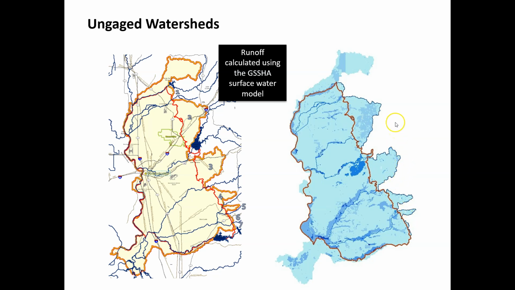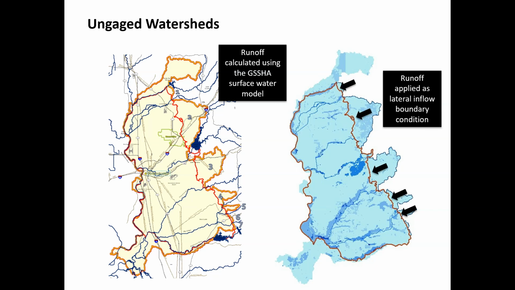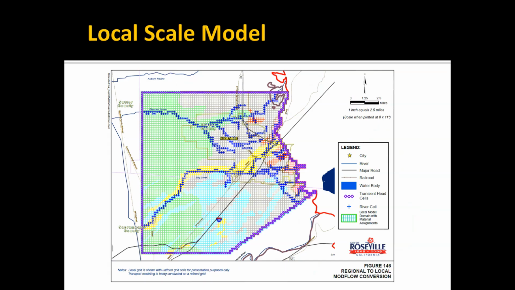And we used the results of GSSHA to calculate the runoff that you'd expect from these, and then made that a lateral inflow boundary to the groundwater model. So that's how we came up with that, as shown here by the diagrams.